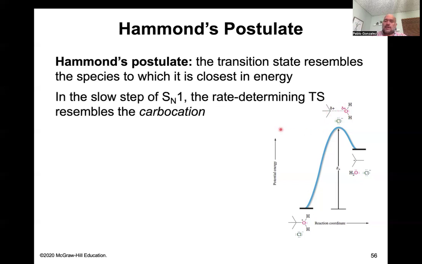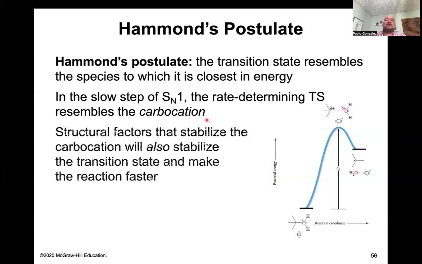In the slow step of this unimolecular nucleophilic substitution, the rate-determining transition state resembles the carbocation. So this is going to be similar to the carbocation. As you can see here, this is pretty far away, and you have just the carbocation as you have it here. Structural factors that stabilize the carbocation will also stabilize the transition state and make the reaction faster.